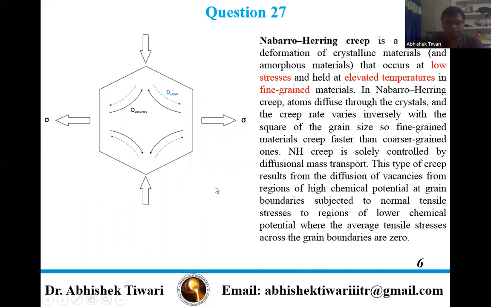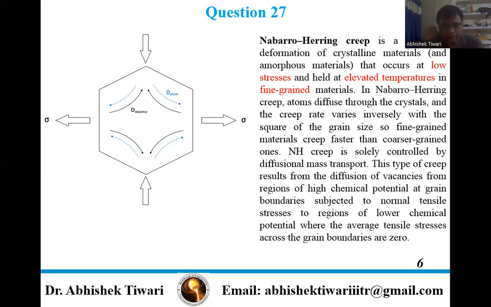Now, we will discuss Nabarro-Herring creep. Nabarro-Herring creep is a mode of deformation of crystalline and amorphous materials that occurs at low stresses and is held at elevated temperatures in fine-grained materials.